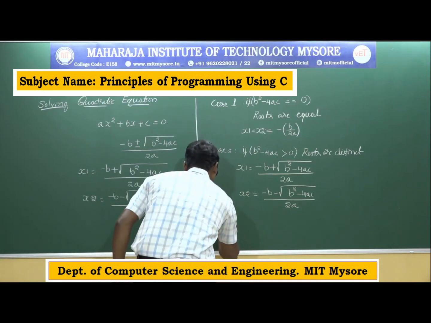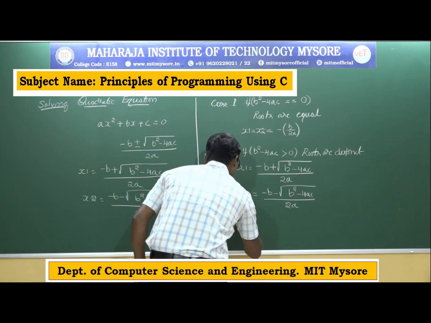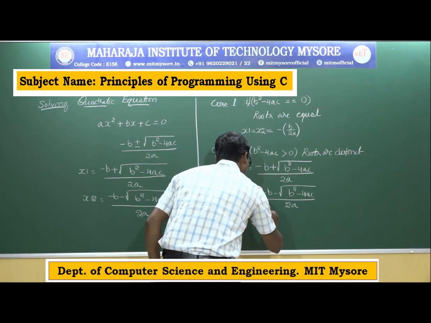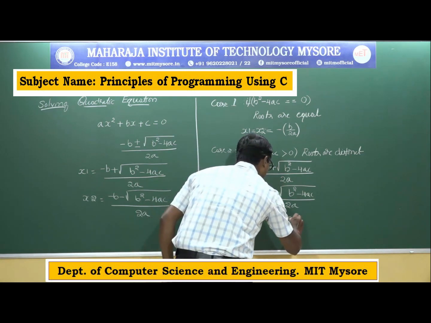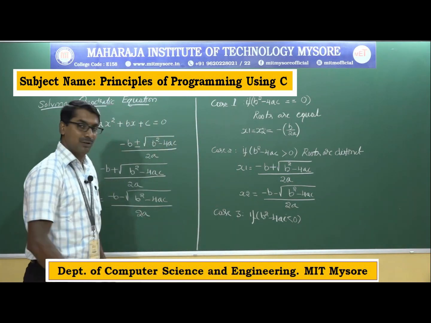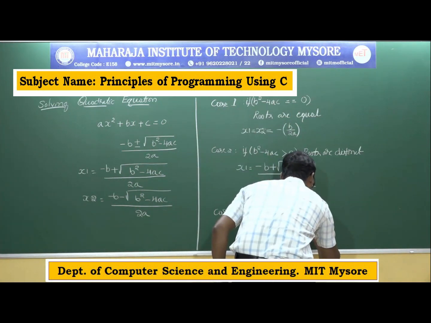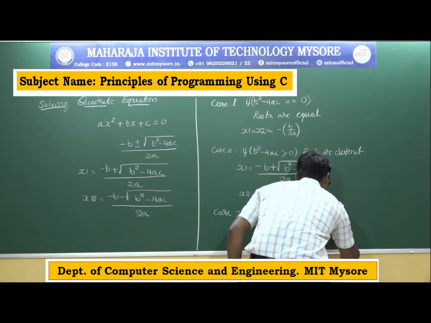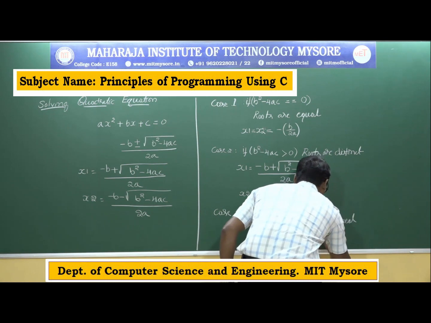The last case is case 3. In case 3, if the value of b square minus 4ac is less than 0, then roots are real and complex.